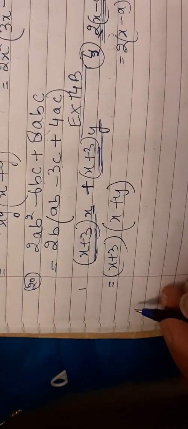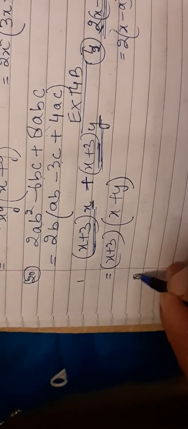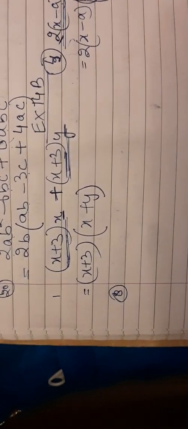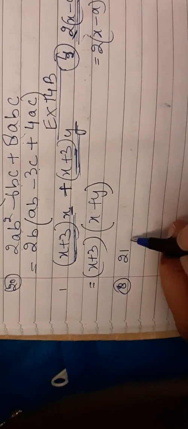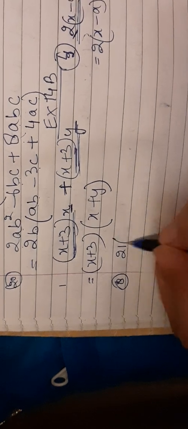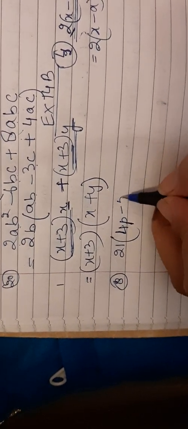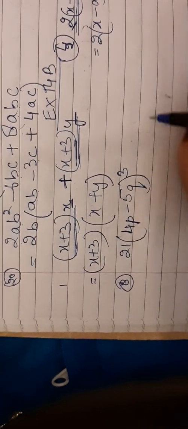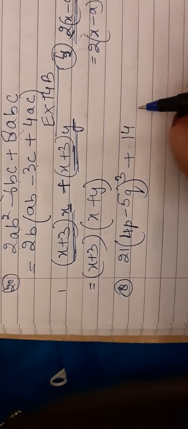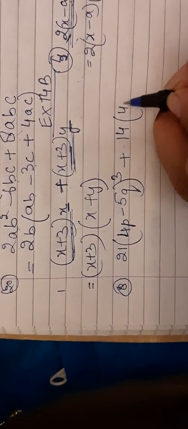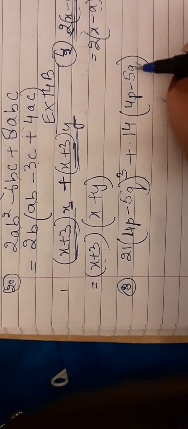Now I am taking up the 8th question. Now 8th question says, you have to factorize 21 times 4p minus 5q whole cube plus 14 times 4p minus 5q whole square.